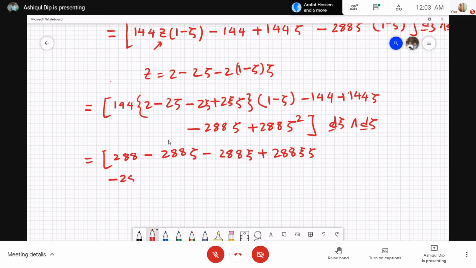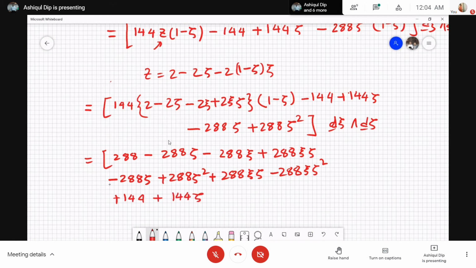So minus 288 xi plus 288 xi squared, then plus 288 xi zeta minus 288 xi zeta squared, right? I believe that's correct. Then minus 144 plus 144 zeta minus 288 zeta plus 288 zeta squared, d xi with d zeta.